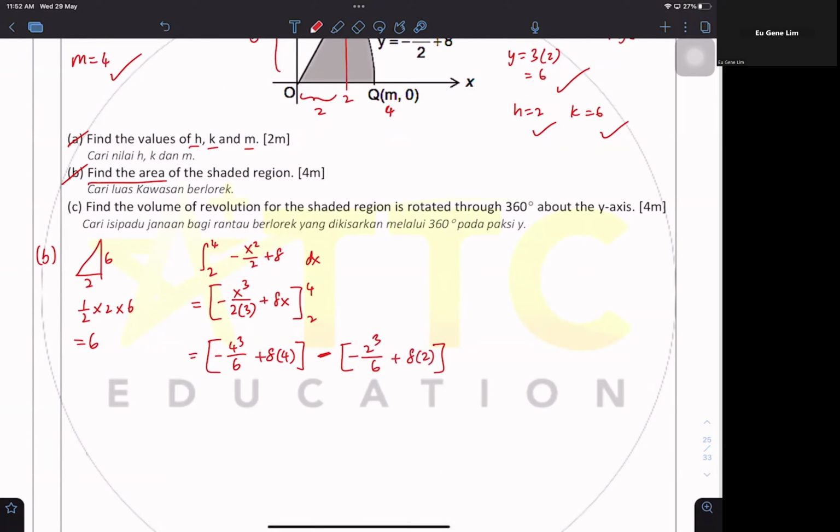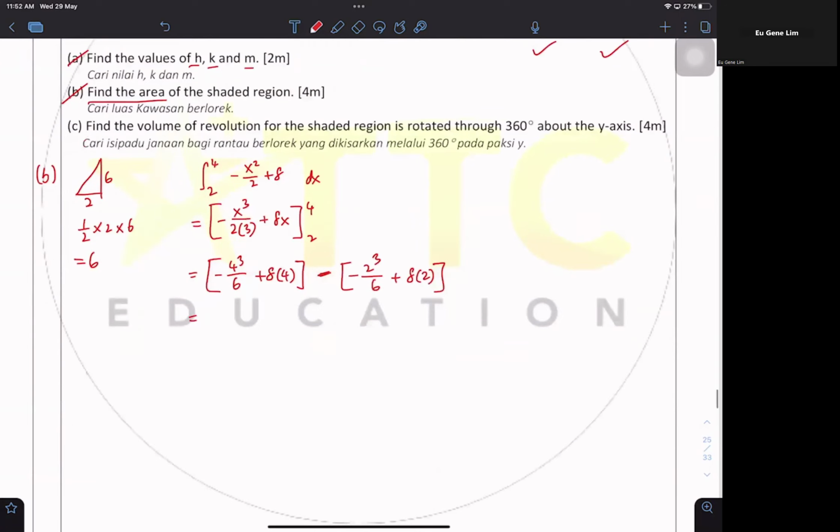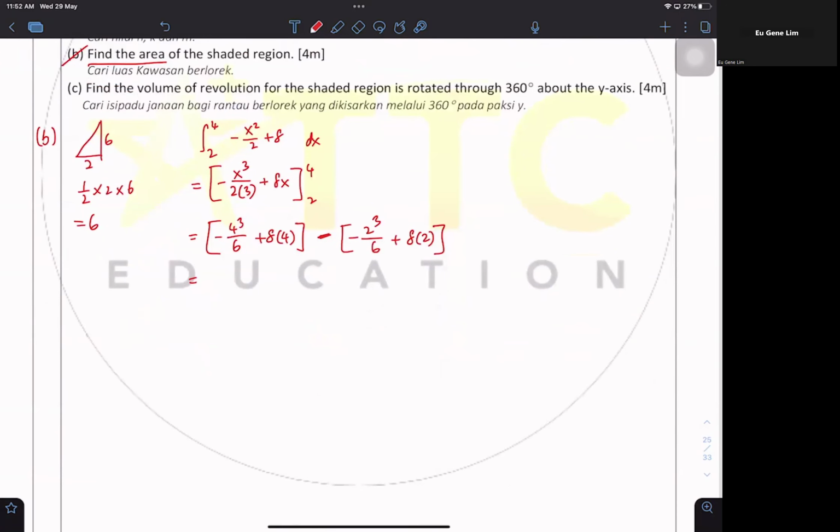Then you press calculator. Okay, the first part is 64 over 3. The second part, I press calculator, I do it separately, okay? The second part is 44 over 3. 64 over 3 minus 44 over 3, which is 20 over 3. Yeah, done.